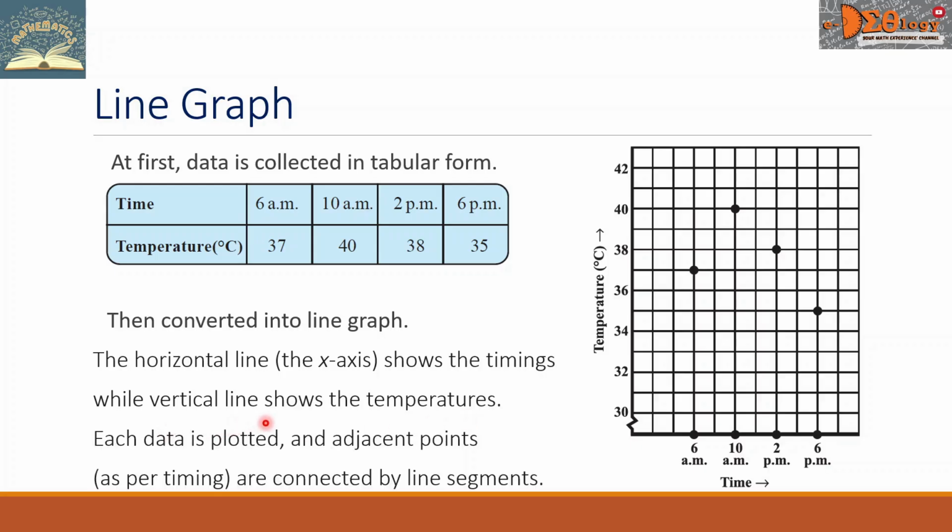Each data is plotted and adjacent points with respect to the timing are connected by line segments. For these 4 pairs of data, here are the points. Then we connect them just like this. Then we have a line graph.